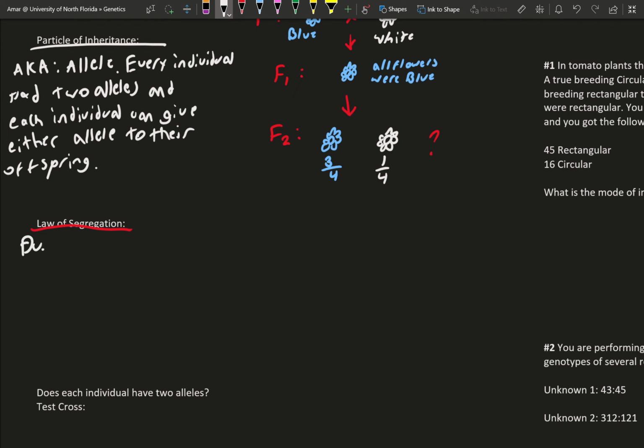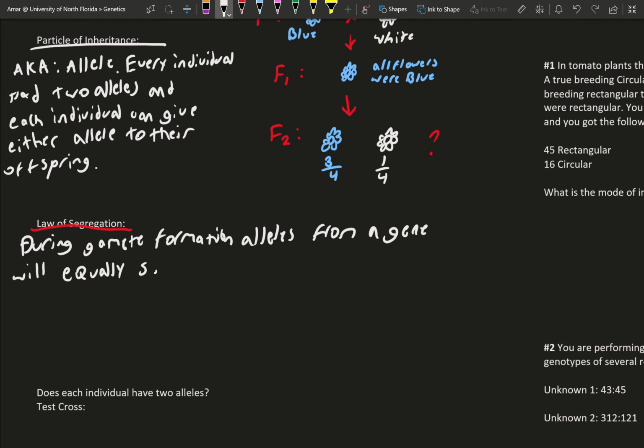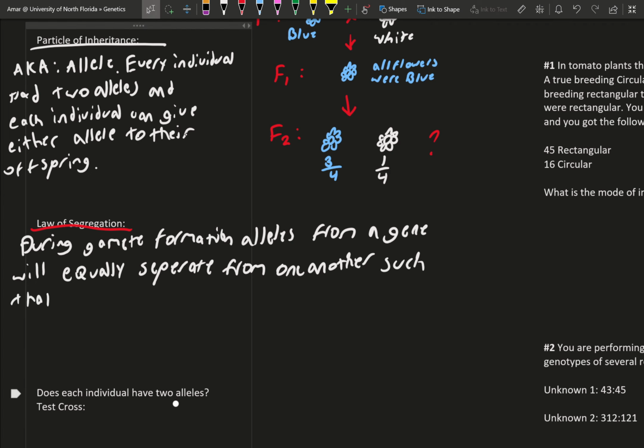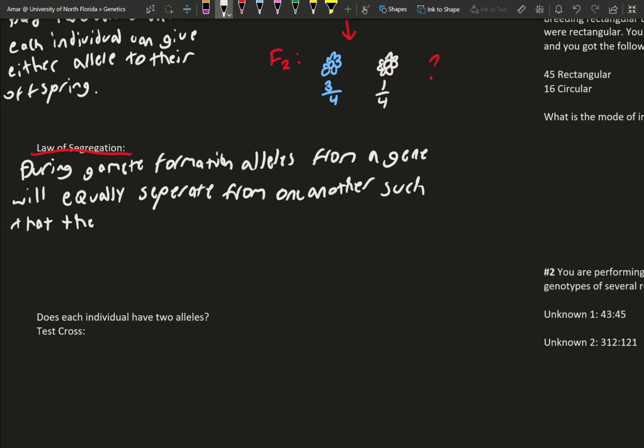During gamete formation, alleles from a gene will equally separate from one another, such that the probability of each allele is half and half.